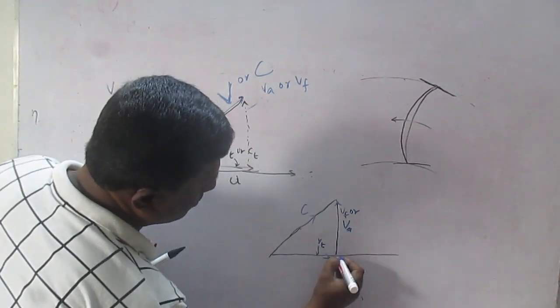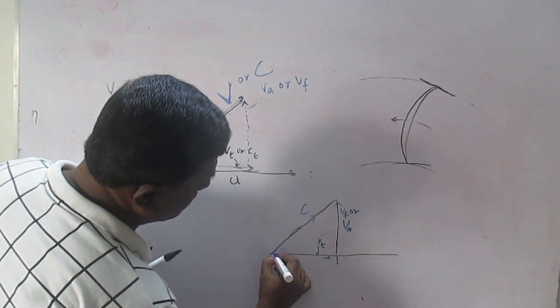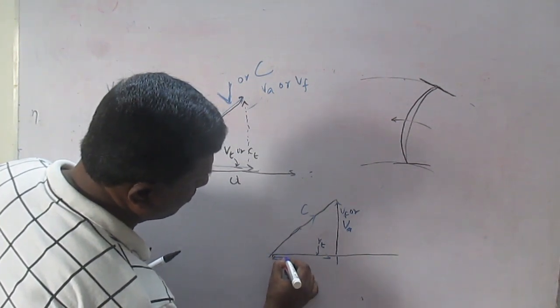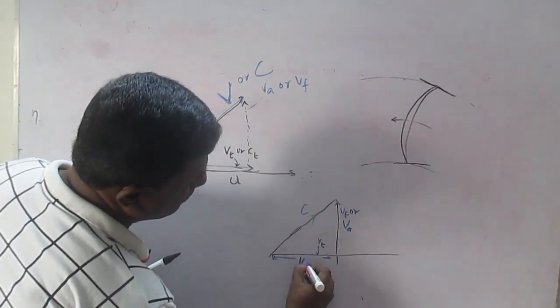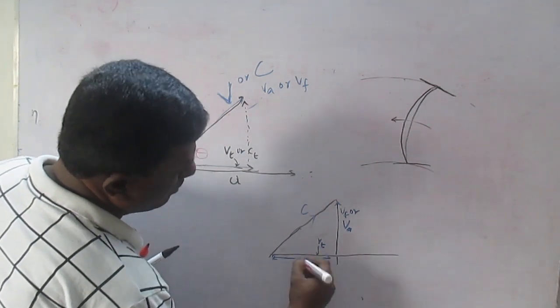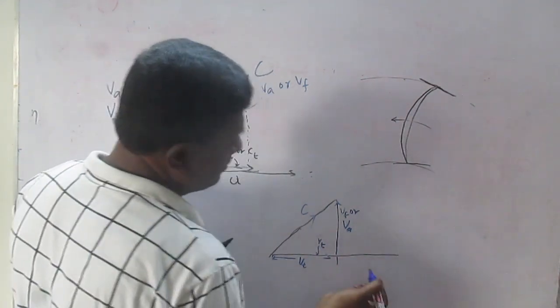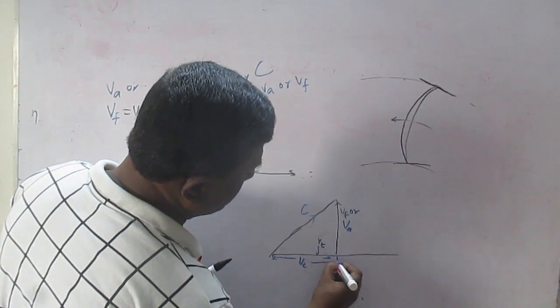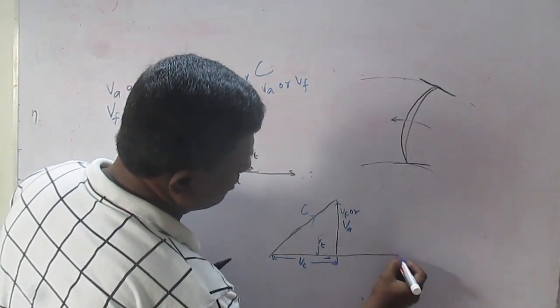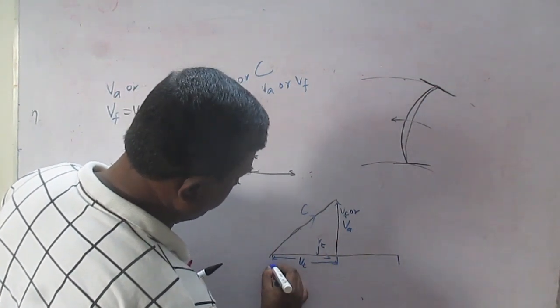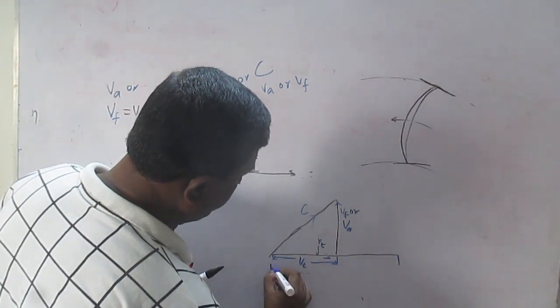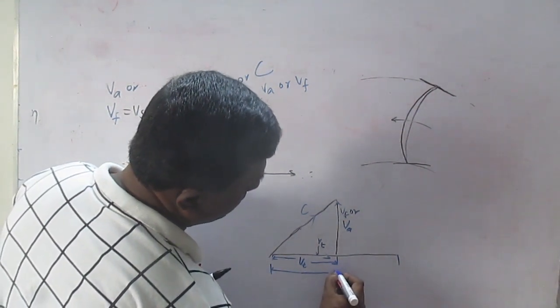Up to this point we say this is Vt or Ct. This is a tangential component, and this is nothing but our blade velocity, u.